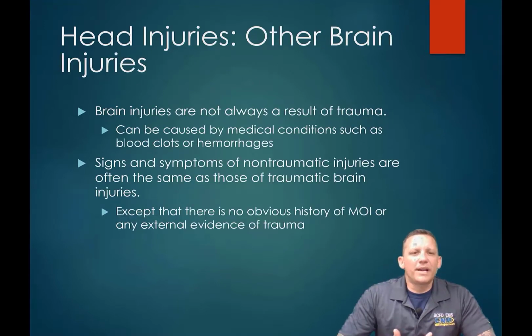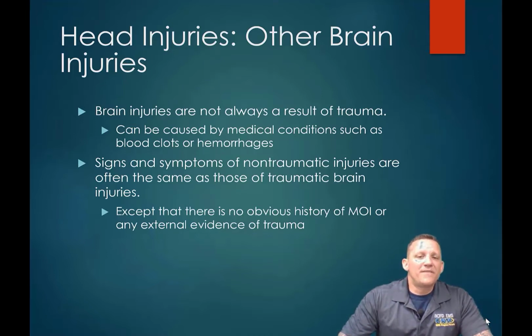So this is where we go into other brain injuries, and this is where not everything is actually a result of trauma. It can be medical conditions, blood clots, hemorrhages, or again meningitis, where we have an infection of the meninges. All of these things can be non-traumatic, and they can cause some of the same symptoms as a traumatic brain injury. The big difference here is there's no obvious history of a mechanism of injury or any external evidence of trauma.